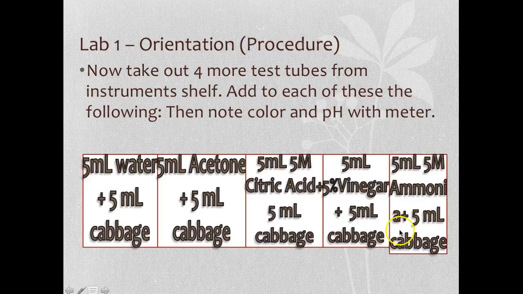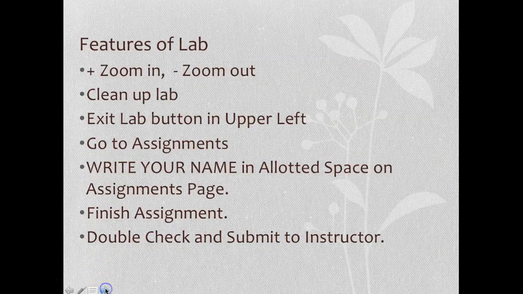I don't have it here in my PowerPoint, but you could do an added test if you wish in order to compare ammonia with the sodium carbonate or sodium bicarbonate. I don't recall which one it is. I think it's sodium bicarbonate, soda bicarb. So you're going to note the color after you've added these to the cabbage indicator, and then you're also going to note the pH by attaching a pH meter to all those test tubes.